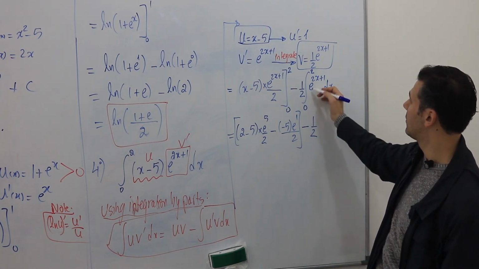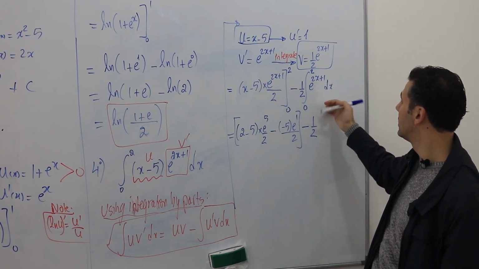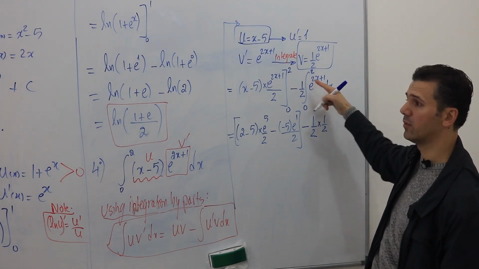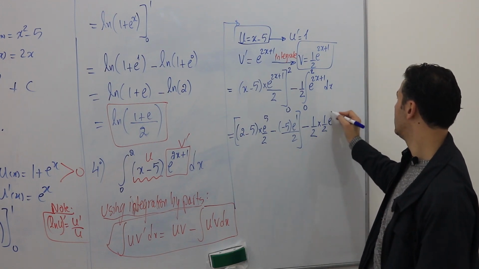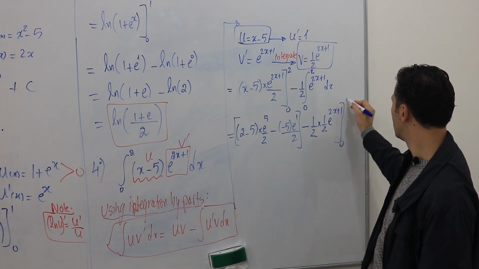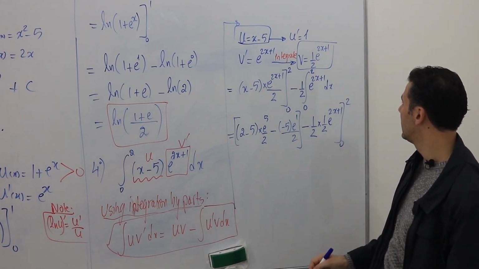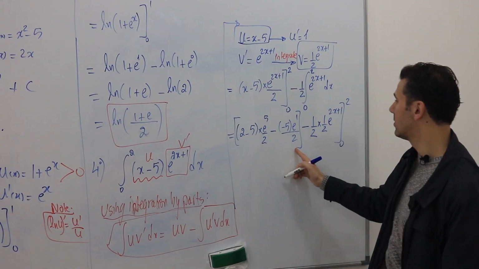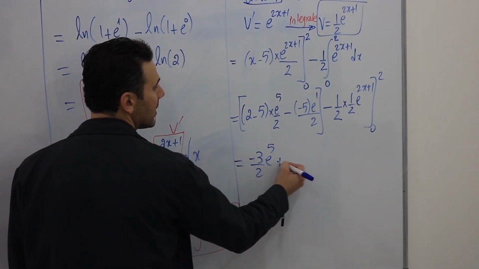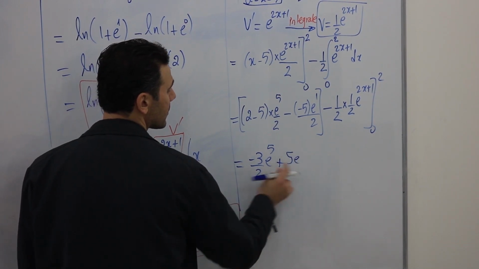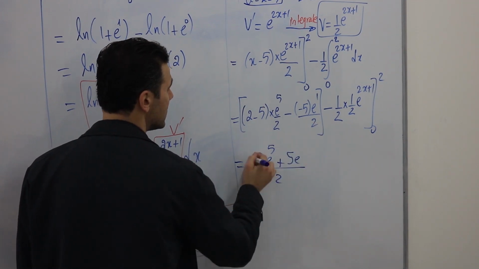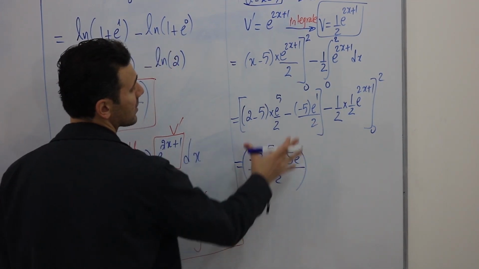The integral of e to x plus 1 will be 1 over a, e to x plus 1, between 0 and 2. After that, we can calculate this. It will be minus 3 over 2 e to the 5 plus 5e, all of it over 2, since we have the same denominator. As you see, this is the result of the first part.